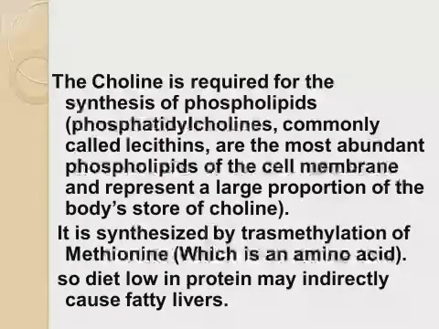Choline is synthesized by transmethylation of methionine, which is an amino acid, so a diet low in protein may indirectly cause fatty liver, because low protein leads to low amino acids, low methionine, and so all these decrease the formation of phospholipids, and all these can lead to fatty liver.